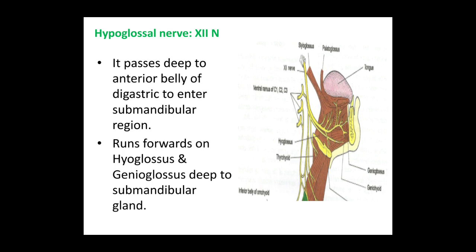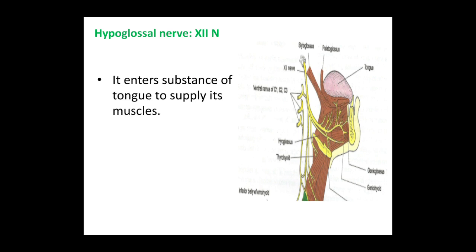It passes deep to the anterior belly of digastric to enter the submandibular region. Here it runs forwards on hyoglossus and genioglossus, then it enters deep to the submandibular gland. It next enters the substance of the tongue to supply the muscles.